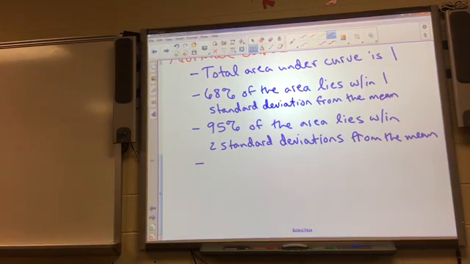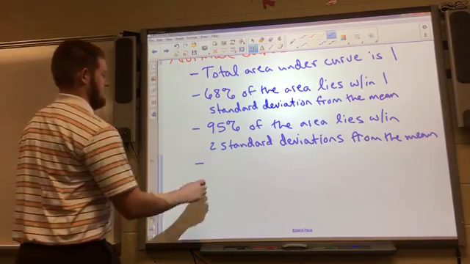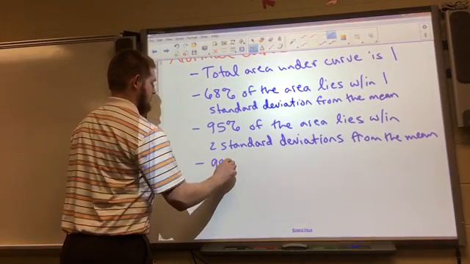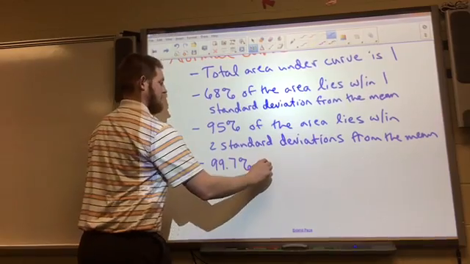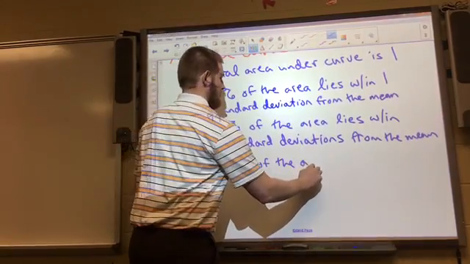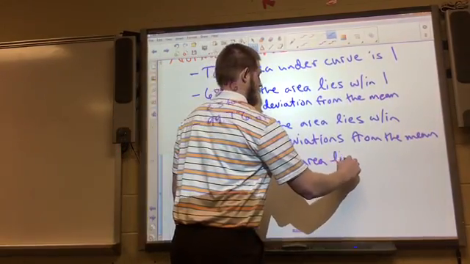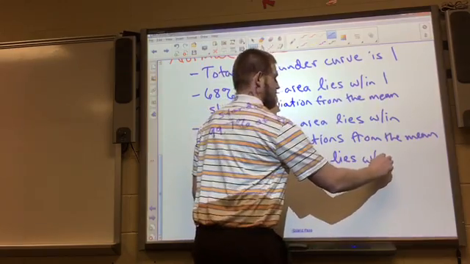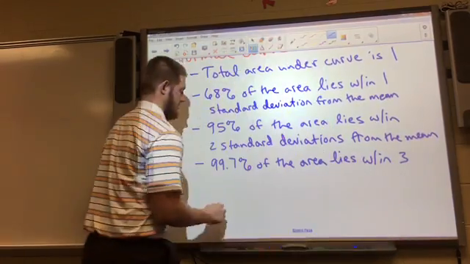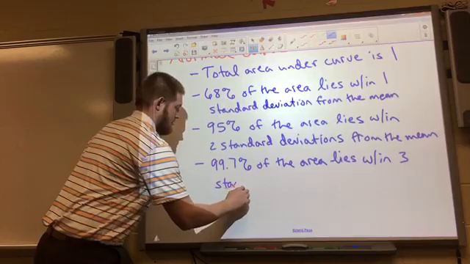And our very last one is that 99.7% of the area lies within 3 standard deviations of the mean.